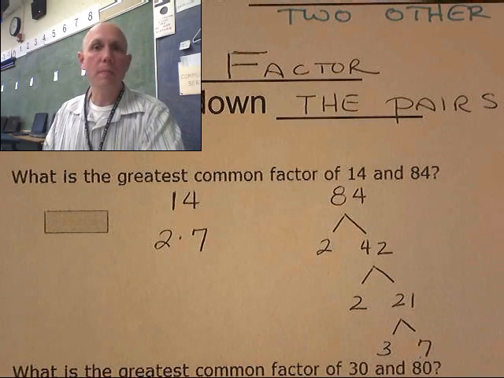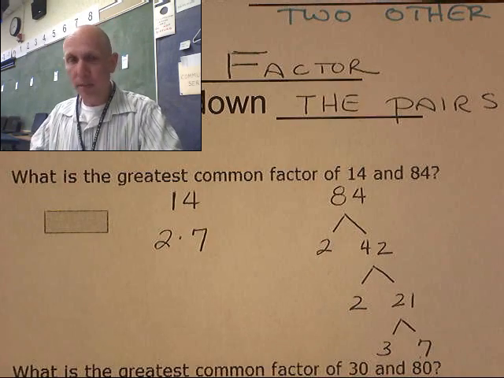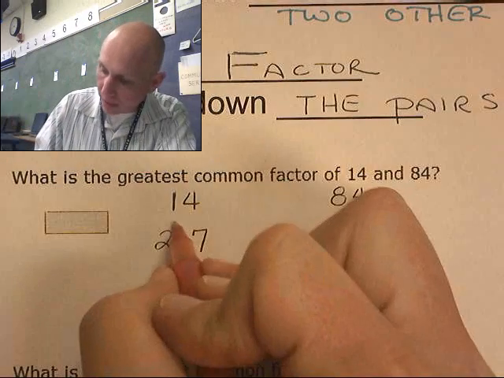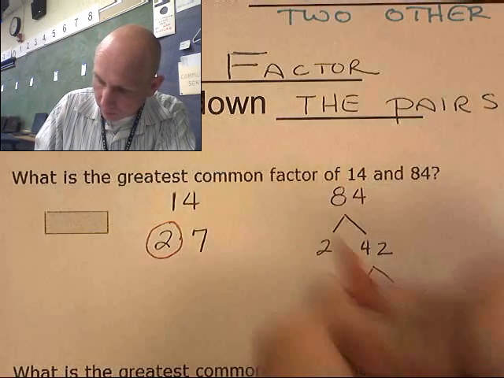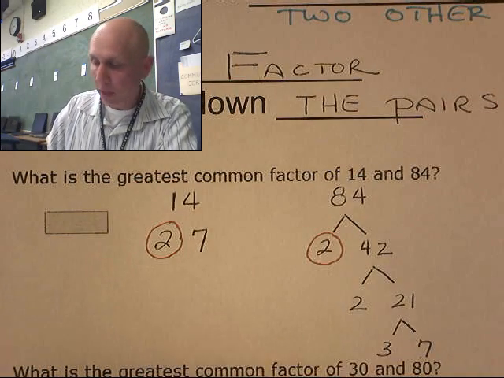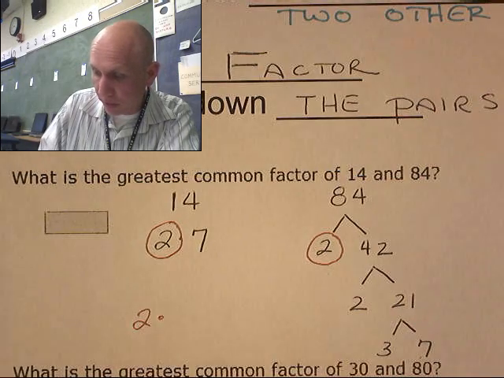There it is. Now what I'm looking for is a pair of numbers that's in both locations. I'm going to circle these with a red. I have a 2 right here, and a 2 right there. That's one pair of numbers, so a 2 definitely is in my answer.